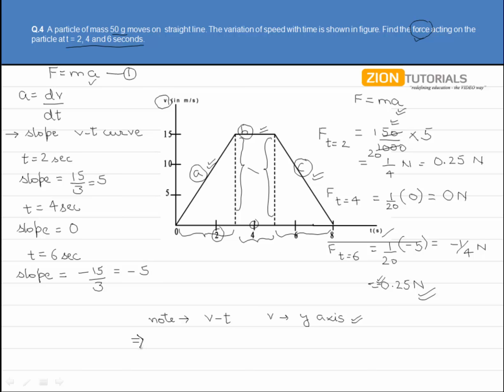That is, we can say that in that case acceleration will be 1 upon slope if V is on the x-axis.